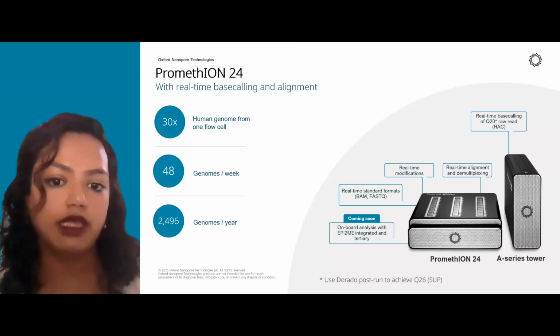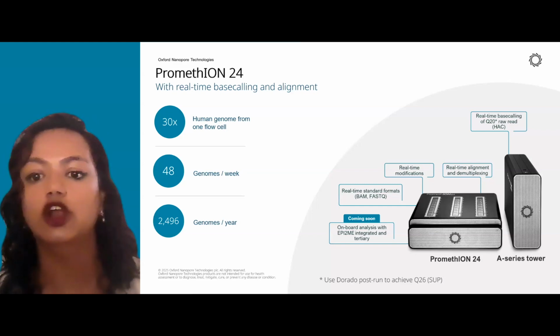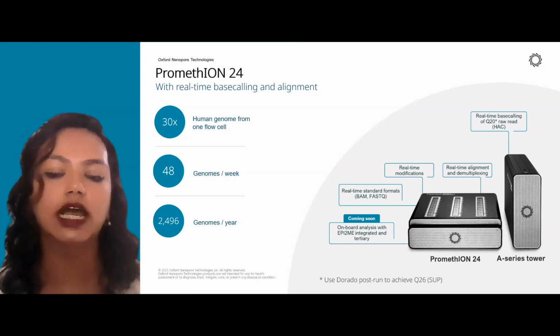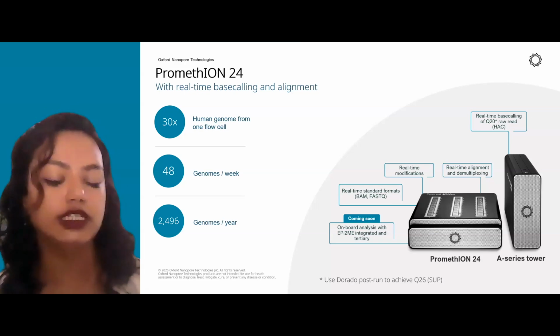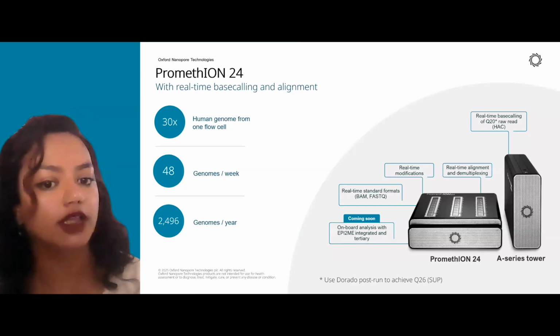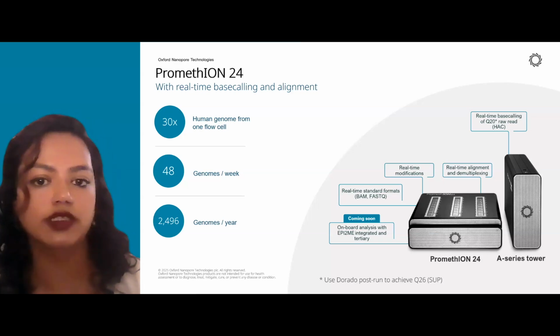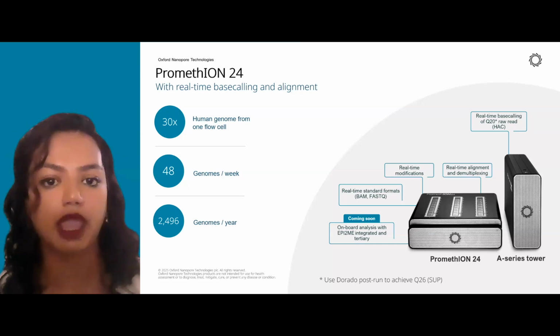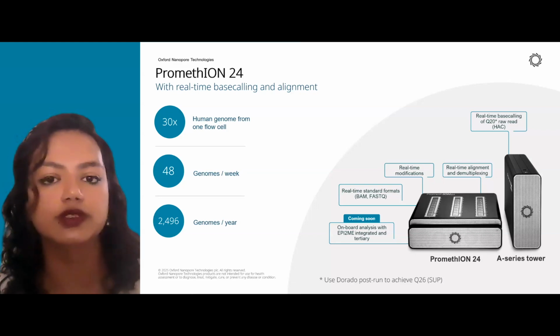You get real-time base calling with Q20 raw reads using our high accuracy, or HAC, workflow. This includes alignment, demultiplexing, and of course, detection of the DNA and RNA modifications, all as the sequencing progresses. It's also future ready. The P24 system supports standard formats like BAM and FASTQ for seamless integration into existing workflows.